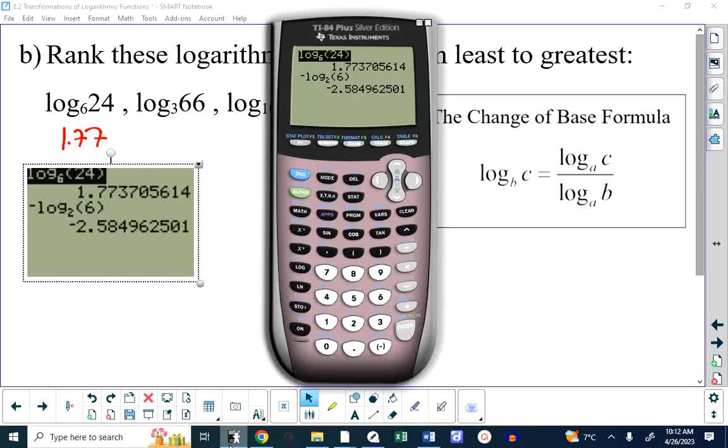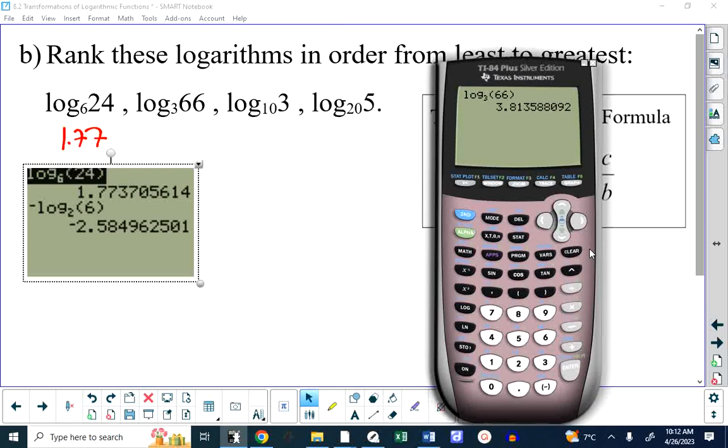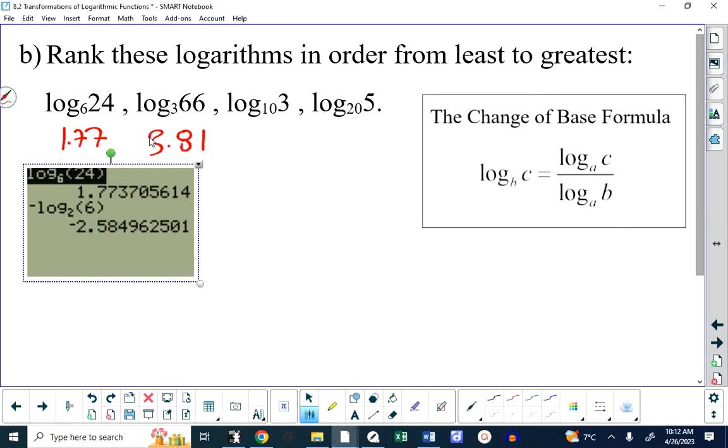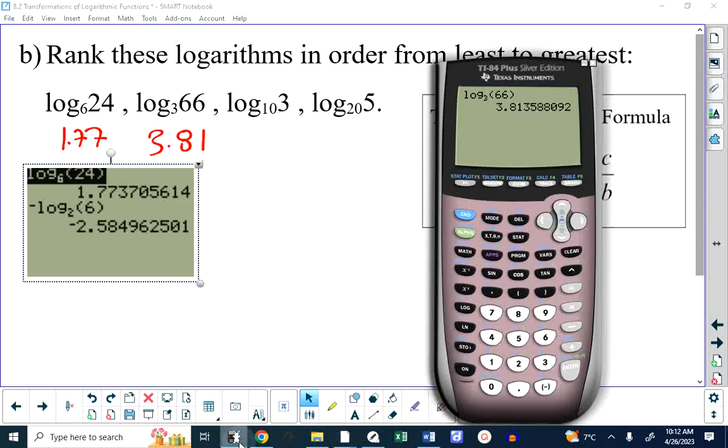Log base 3 of 66 is approximately 3.81. Log base 10 of 3. Well, I can just go log of 3. I don't need to get fancy here. Log is base 10. I could go log base 10 of 3. It's 0.47.